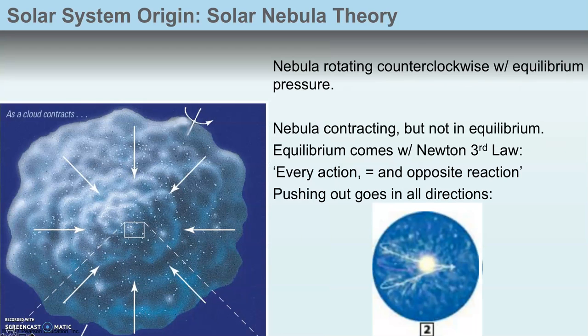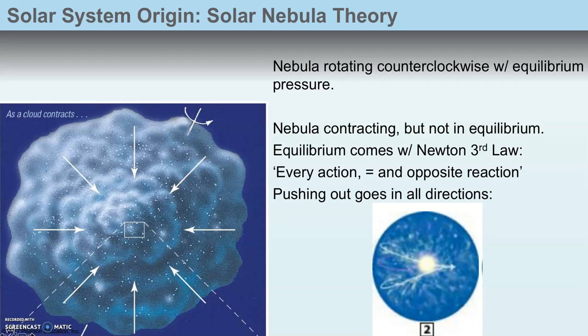And at this point, it's got equilibrium pressure. It's moving along, and as it's contracting, it's not in equilibrium then. It is contracting at different speeds. And for every action contracting in, there's a reaction pushing out. Well, that pushing out seemed to go in different directions.